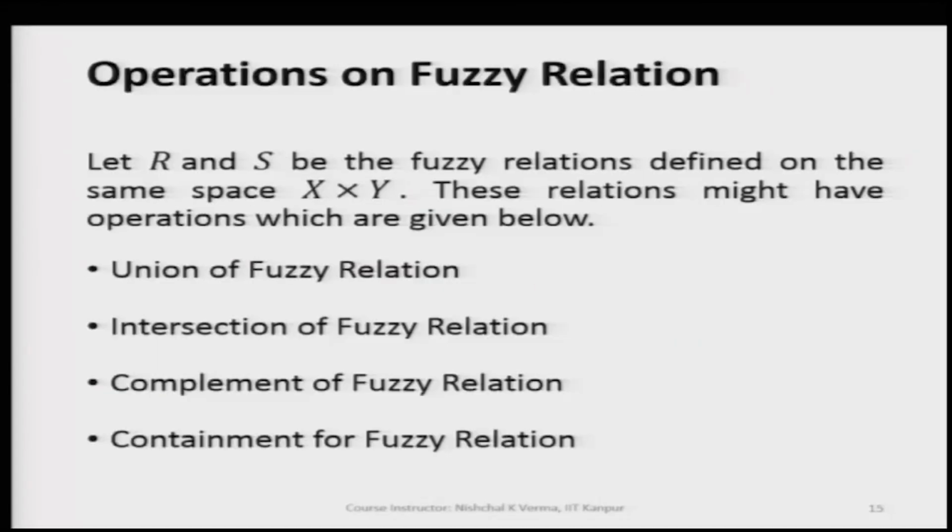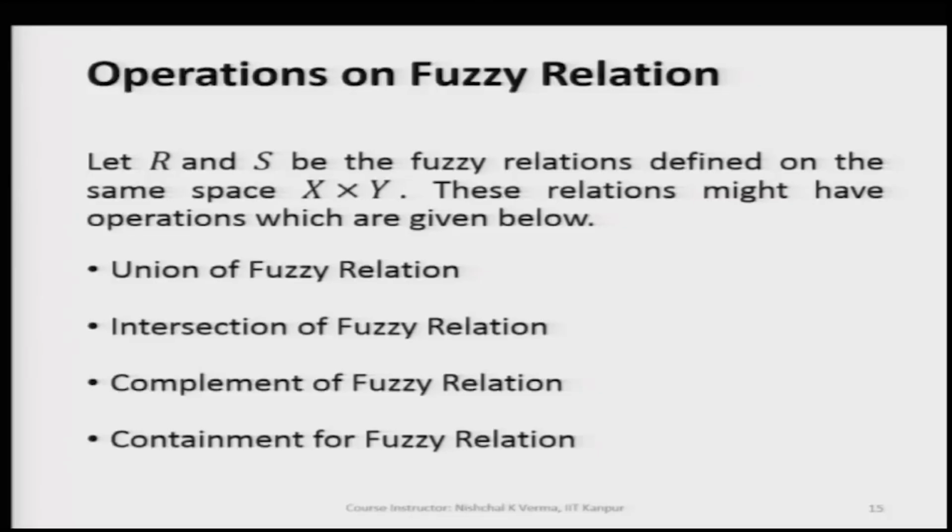Now, let us move ahead and see some operations on fuzzy relation. Please understand, a fuzzy relation is a fuzzy set. A fuzzy relation is a fuzzy set in an increased dimension. So, like any other fuzzy set, the fuzzy relation is also a fuzzy set.